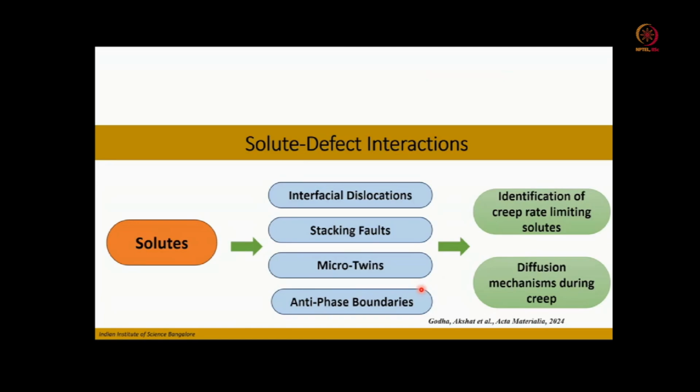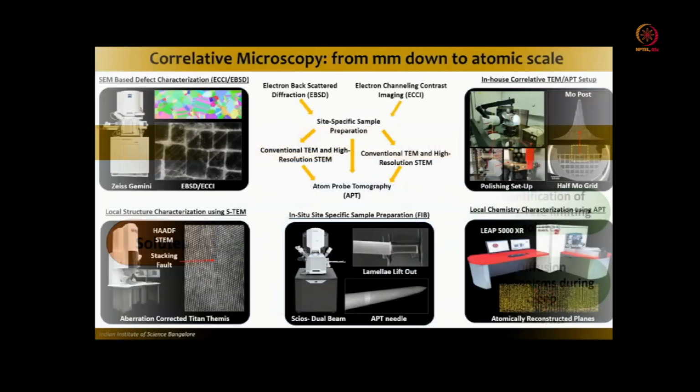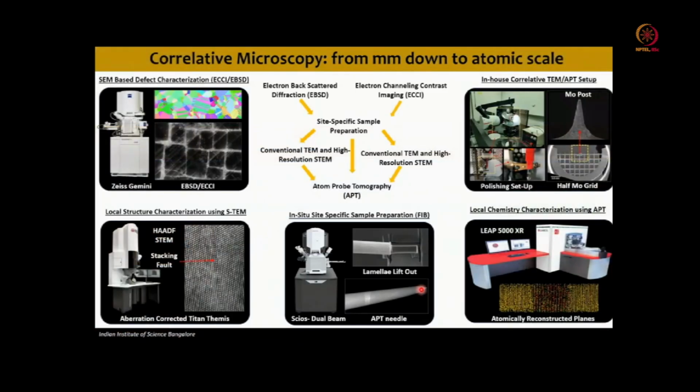Okay, and this led to the understanding of creep rate limiting solutes, which are other than rhenium. Now, based on this, we also generated diffusion mechanisms which were unknown until now, before this work was done. Okay, as I told you, we have used extensively the electron channeling contrast imaging in SEM to identify the defects at the macro scale.